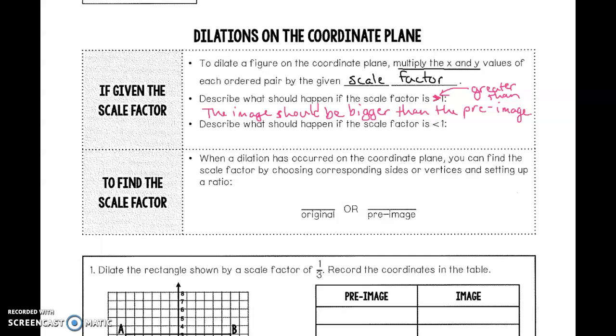Describe what happens if the scale factor is less than 1. Well, if it's less than 1, sorry, it's hard to see there, there's a 1 there, the image should be smaller.